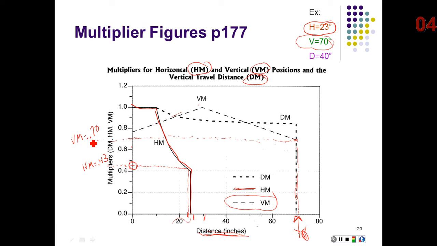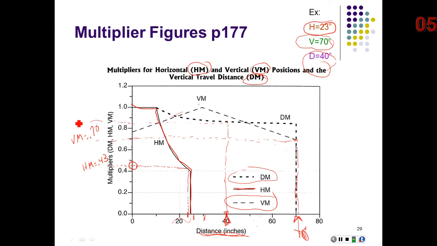And then lastly, our D will be our last curve, where it's a fully dashed line. If our D is 40 inches, we would mark it here as D. We would follow this up until it hits the dashed line. Again, extend it horizontally over to the axis and identify that.